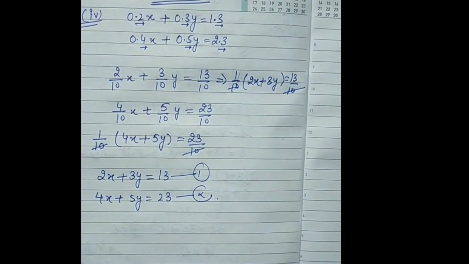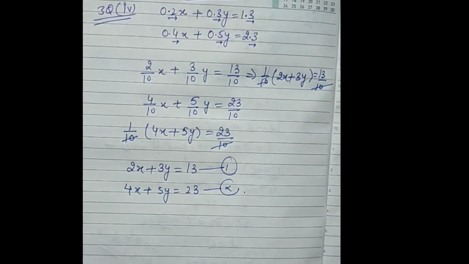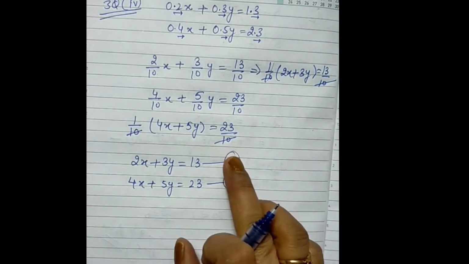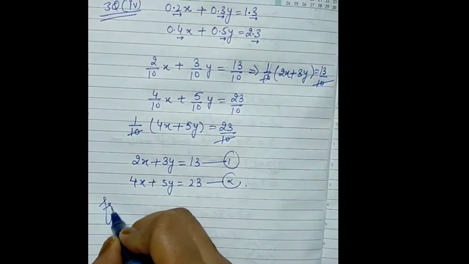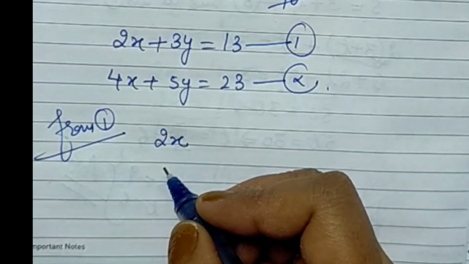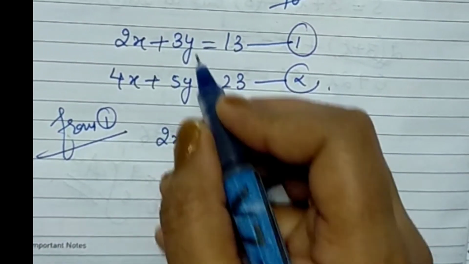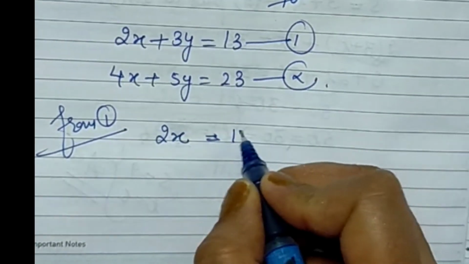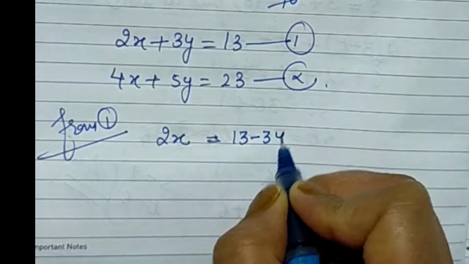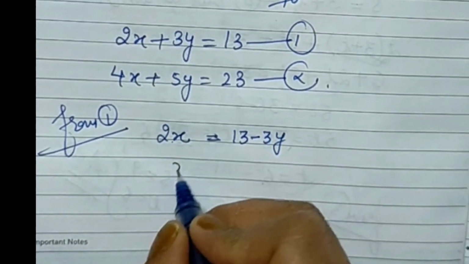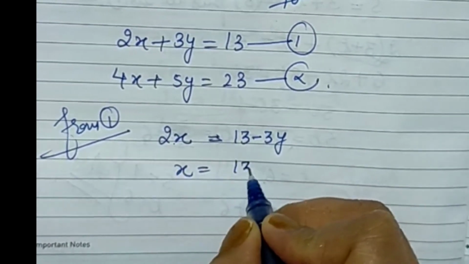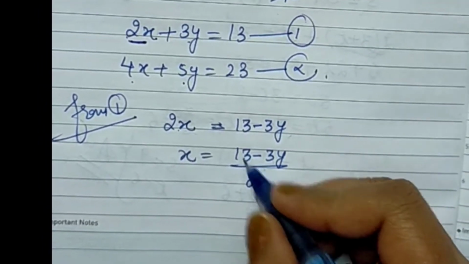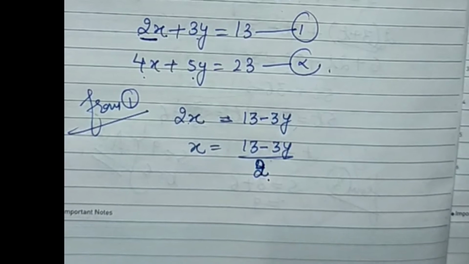Now we have to take out one substitution value and put that value in the other equation. So from the first, 2x plus 3y is 13. I am writing 2x as such, 13 minus 3y, and x can be written as 13 minus 3y over 2, with 2 coming in the denominator.